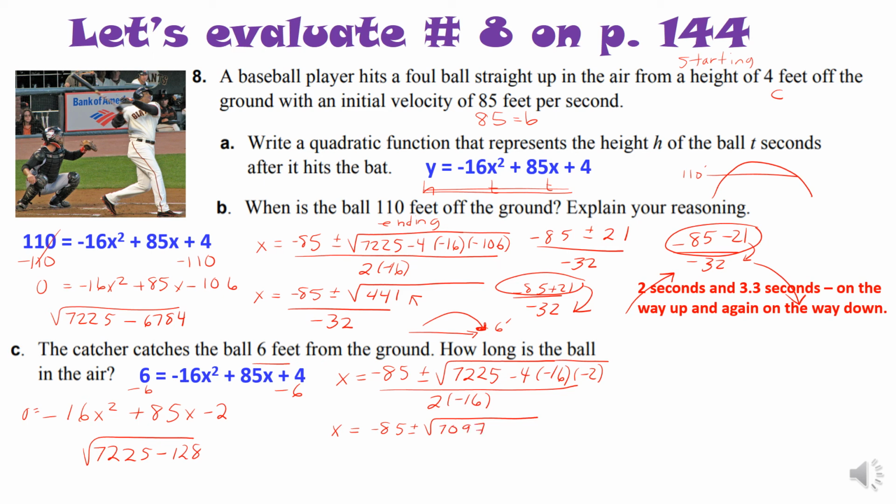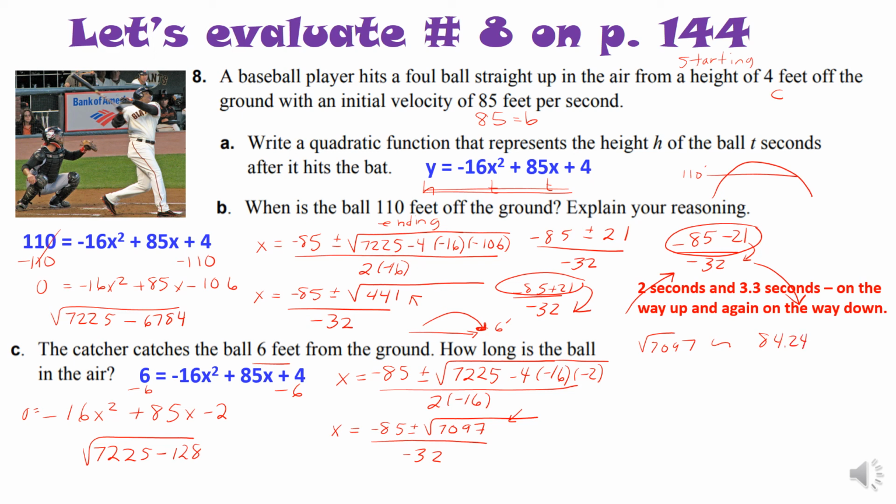Okay, and this time it's not a perfect square, all over negative 32. So the square root of 7,097 is approximately 84.24. So for this problem, we're going to call it 84.